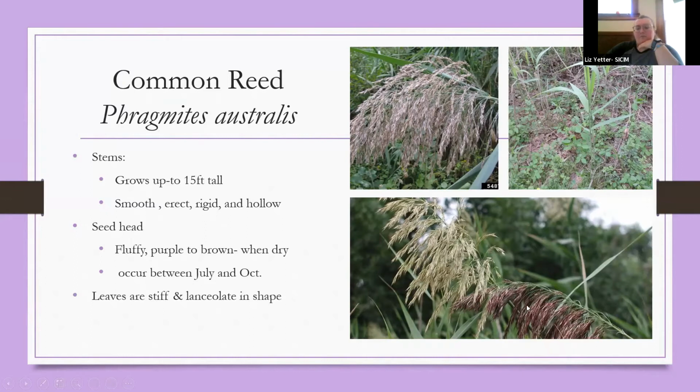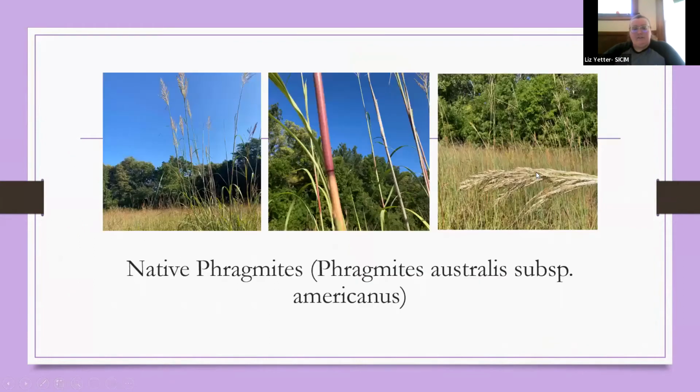We've got that purple color, which is where stuff is now, and then they'll get drier as the year progresses. They can grow up to 15 feet tall, and you can see here the stiff, very pointed leaves on the lower stem and throughout.